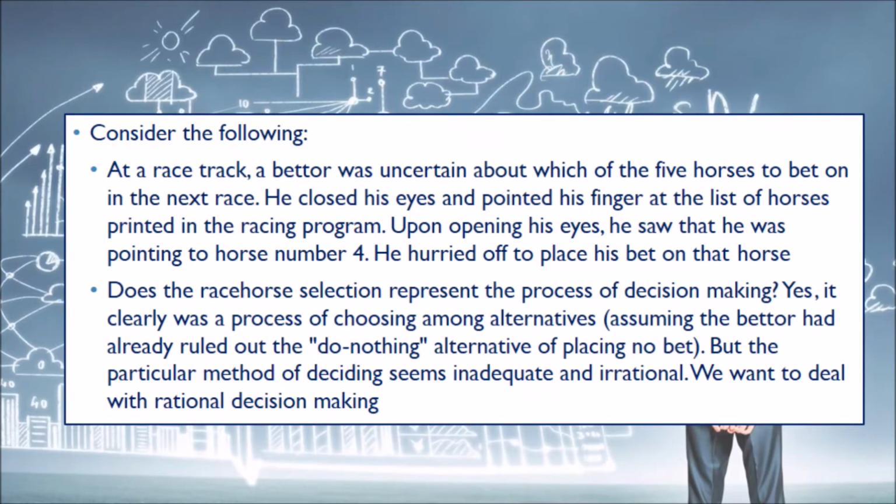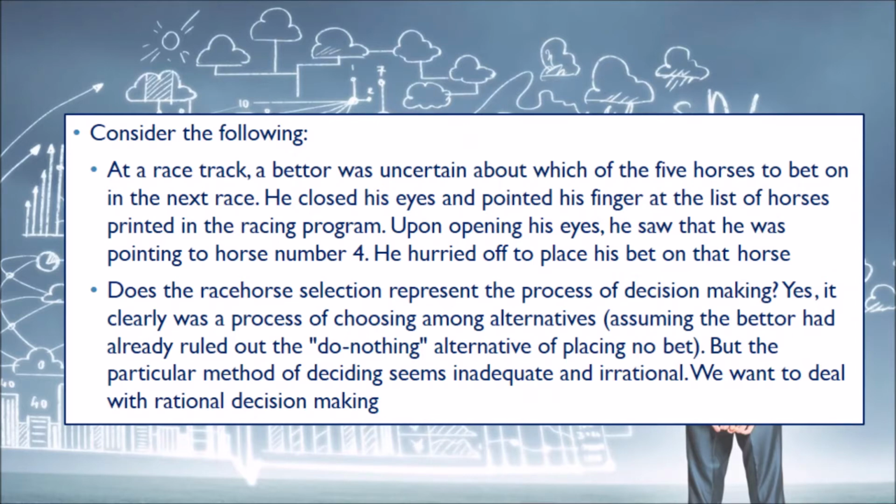Consider the following. At a racetrack, a bettor was uncertain about which of the 5 horses to bet on in the next race. He closed his eyes and pointed his finger at the list of horses printed in the racing program. Upon opening his eyes, he saw that he was pointing to horse number 4.